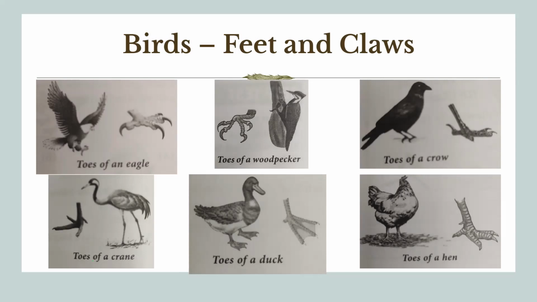Birds of prey means those animals whom the eagle catches are called prey. They have 3 toes pointing forward and 1 toe pointing backward. Got it?